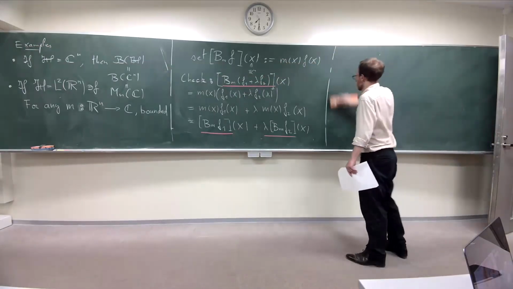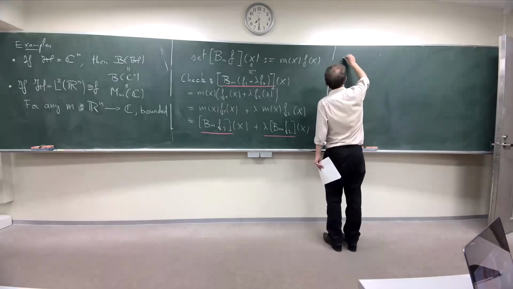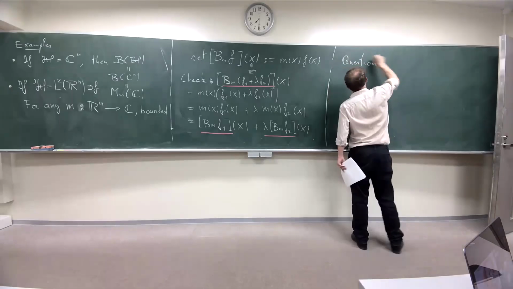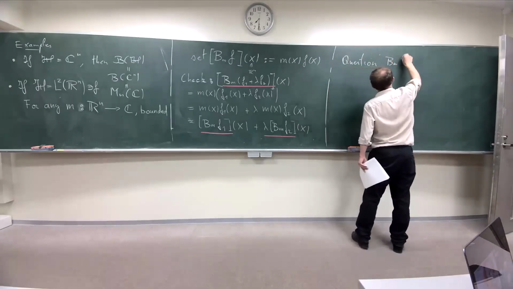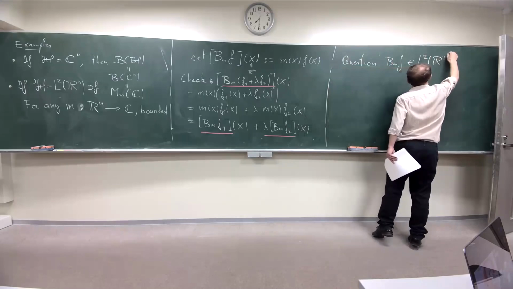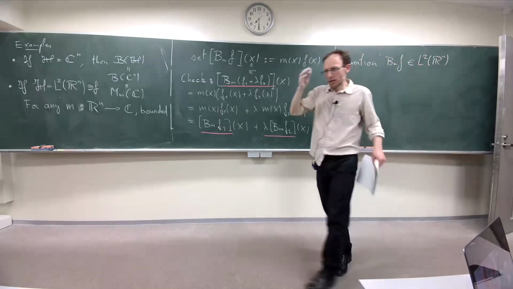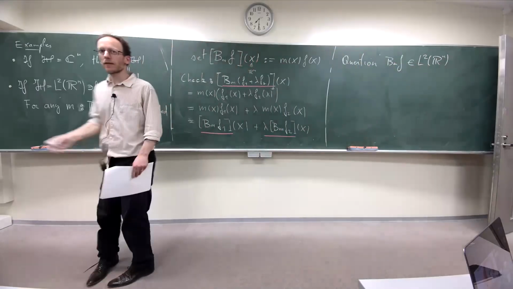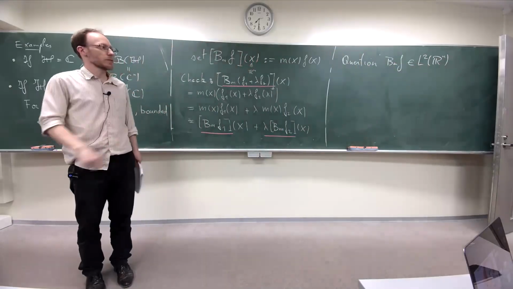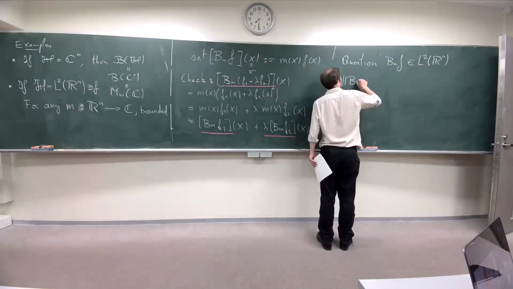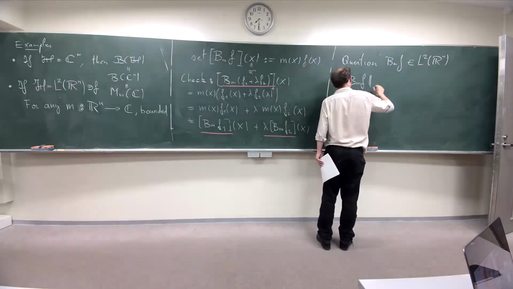I need to check that this B_M f is indeed in L2 of Rn, because this should bring you back in the space, and check that it's bounded. So let's compute the norm. What is the norm of B_M f?